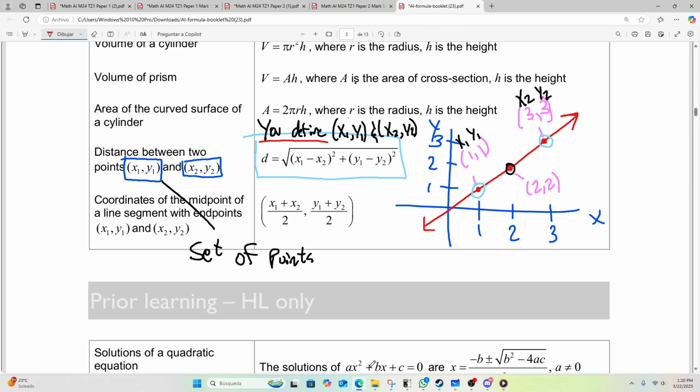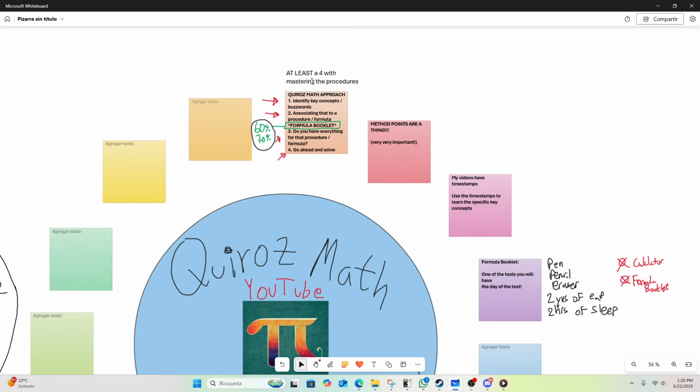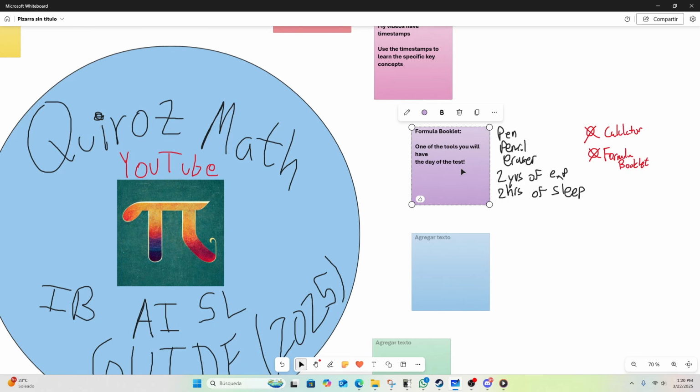So that's one of the first things I can also maybe put over here. The formula booklet is one of the tools you will have the day of the test. Learn it well, study with it, and more often than not, you define what each variable means.